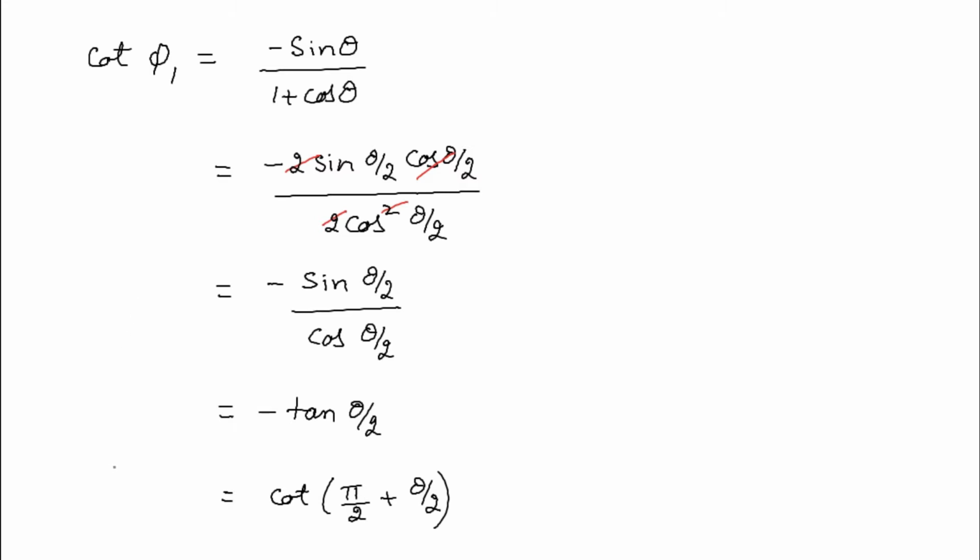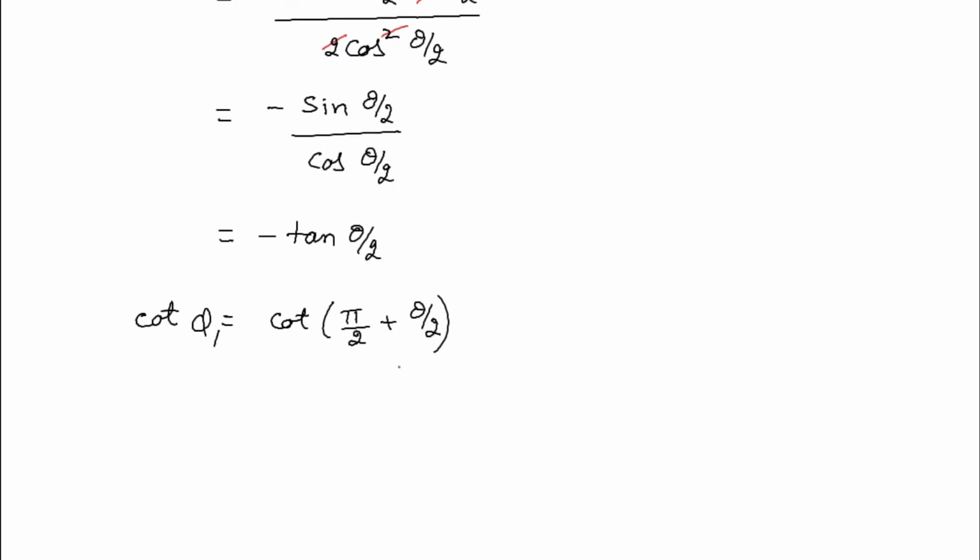So therefore we have got cot of phi 1 equals cot of pi by 2 plus theta by 2. So this equality holds when the value of phi 1 is equals to pi by 2 plus theta by 2. So we have got the first angle phi 1.